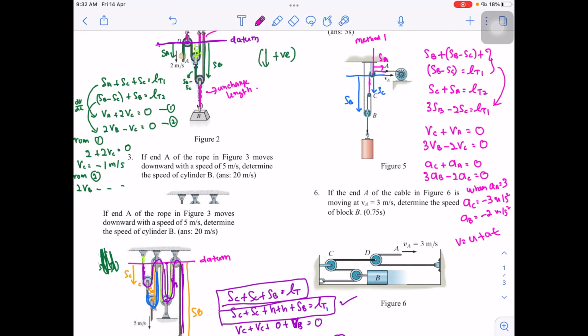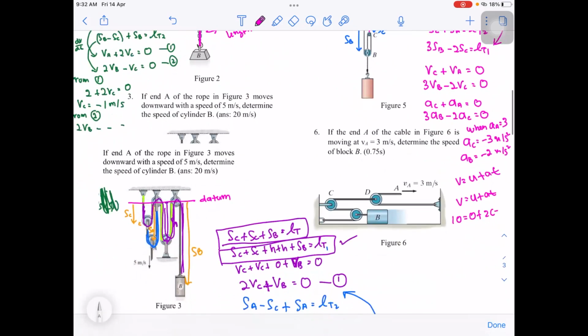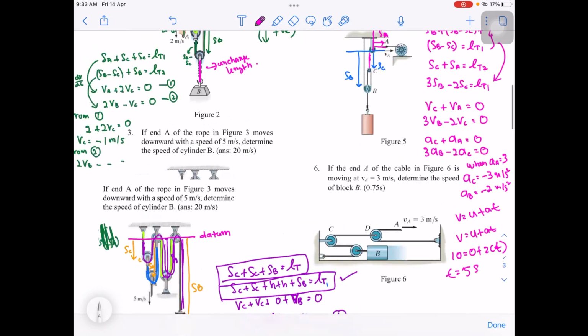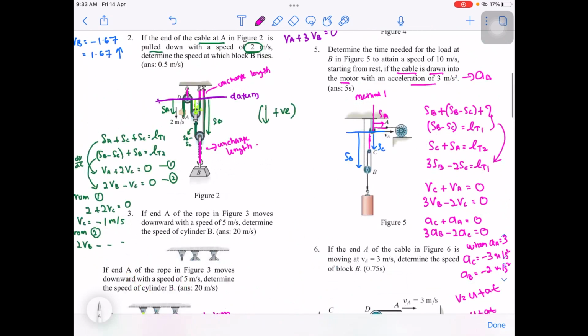V is equals to U plus AT. Okay, so 10, 0 plus 2, T. So T is equals to 5 seconds. Alright.